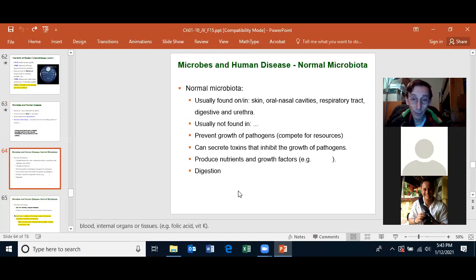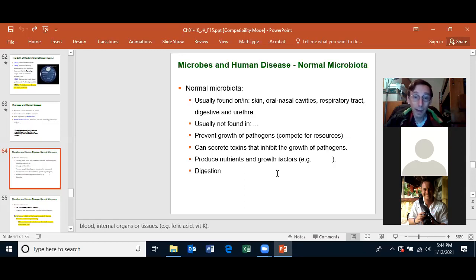You have to consume, I don't know, at least several hundred. Salmonella is one that tends to make us sick, but like various types of E. coli that make us sick, we have to have a large number of them, maybe 100,000 of them, before a human will become sick. And that's because of our normal microbiota competing with the pathogen that would make us sick.